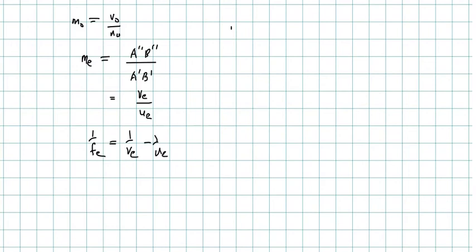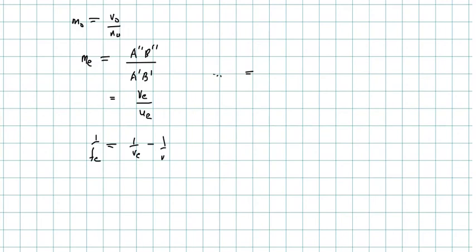So let us simplify this relation now. 1 by UE can be written as 1 by VE minus 1 by FE.